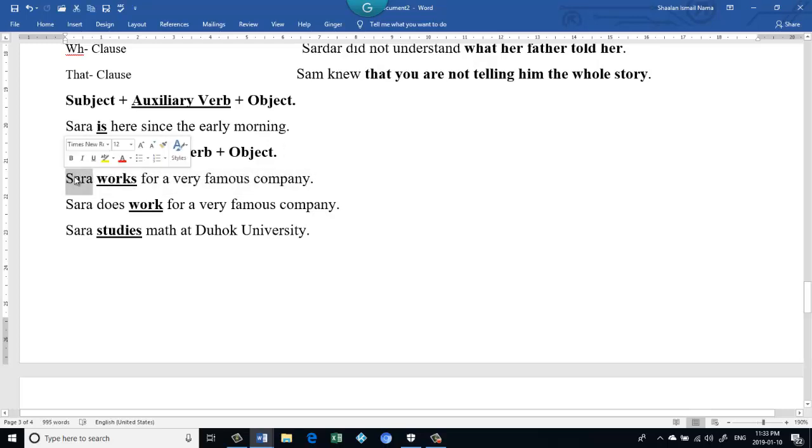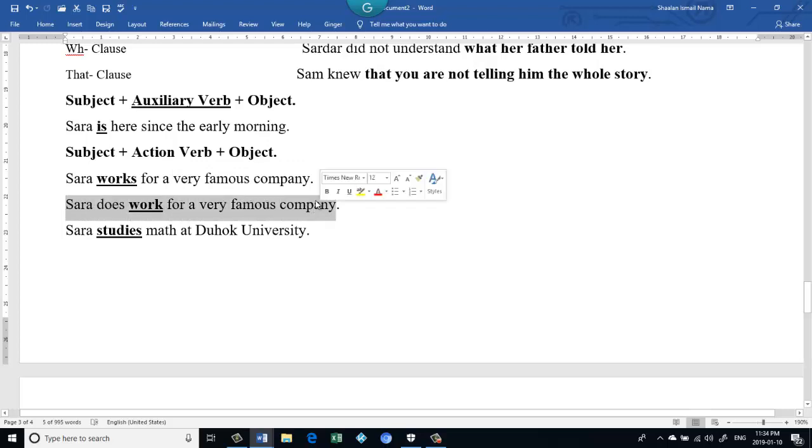Sarah is the subject, works is the verb, which is an action verb, sometimes we say main verb, all of them the same meaning. For a very famous company is the object of the preposition for, sometimes you could say complement. Sarah does work for a very famous company.